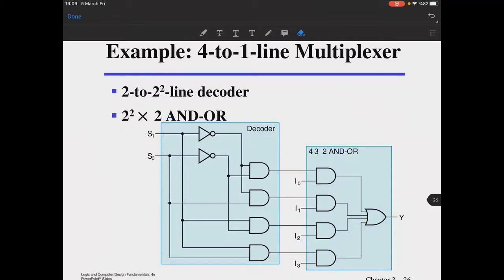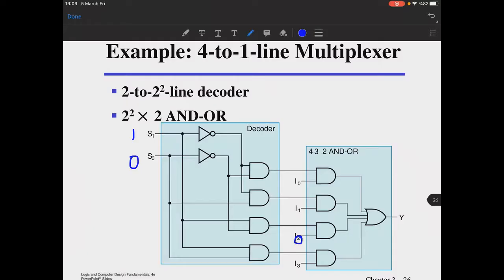Suppose that, for example, you provide 1 0 signal here, then based on its index value, this input 2 should be selected.